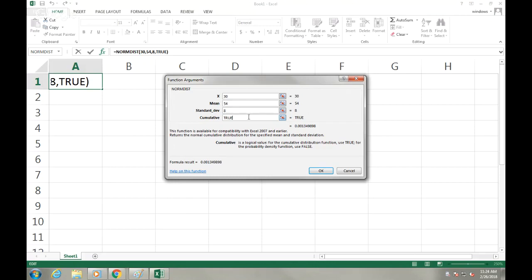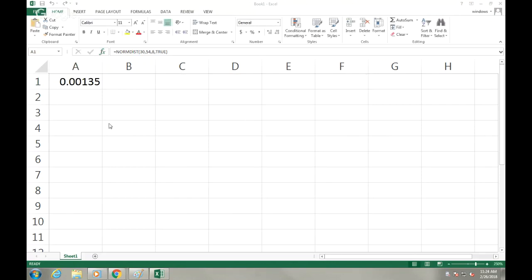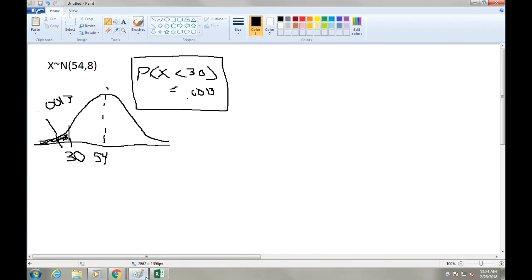And when you click true, what that gives is a lower tail area. It gives an area shaped like this. Now, unlike StatCrunch, you're not going to get the reminder with this little picture that shows you that. So you've got to remember that what norm dist gives you is a lower tail area.